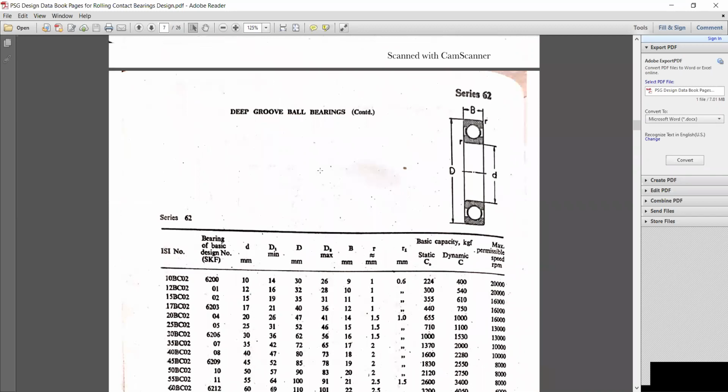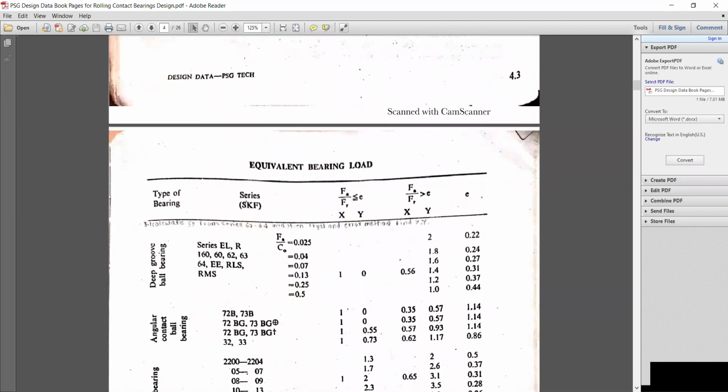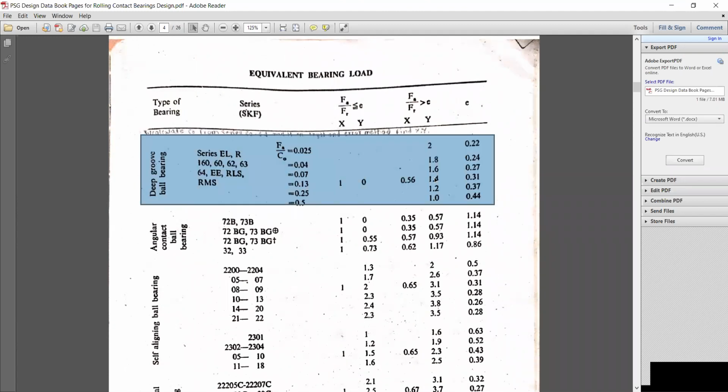In PSG page number 4.4, as we discussed previously, we first need to select the type of bearing. This one is a deep groove ball bearing. I will highlight it.